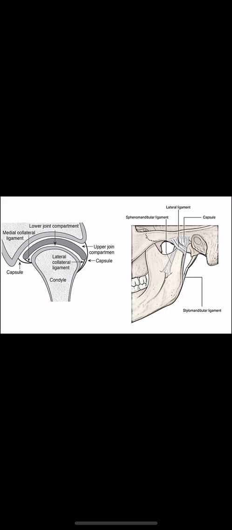Next, we have two accessory ligaments, that is the sphenomandibular ligament and the stylomandibular ligament. Sphenomandibular ligament is an important landmark during surgery because internal maxillary artery and the auriculotemporal nerve lie between it and the mandibular neck. Stylomandibular ligament limits excessive protrusive movements of the mandible.